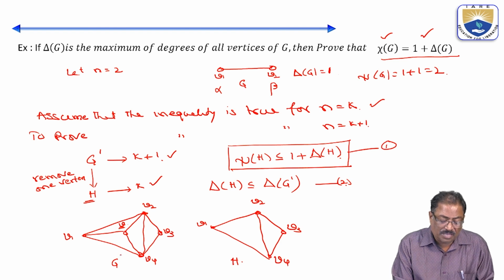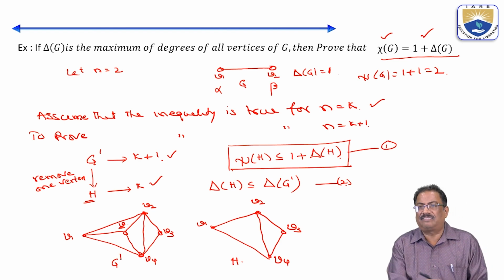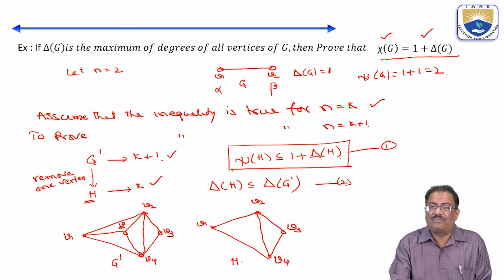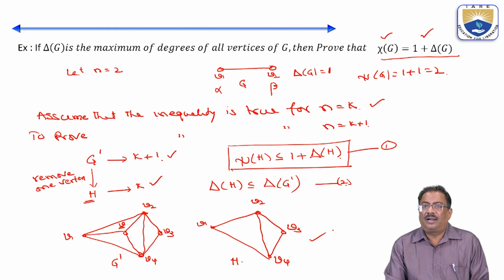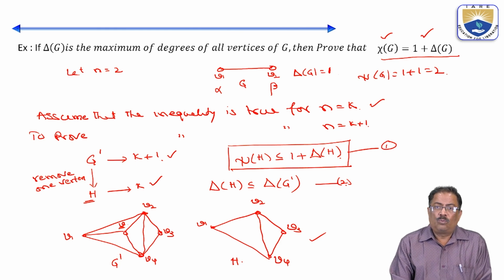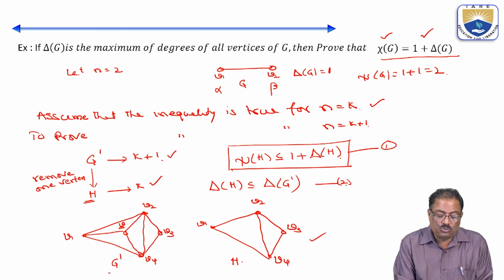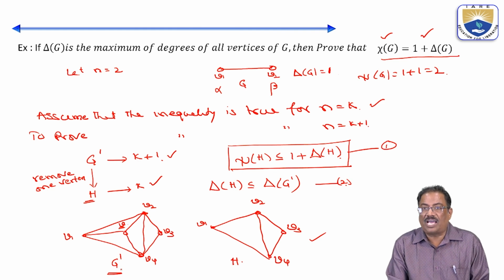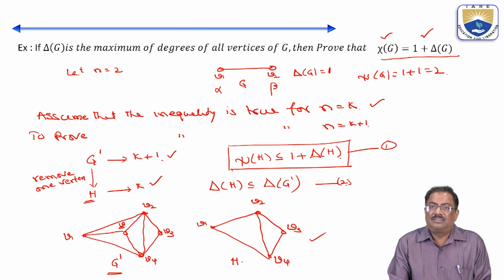Now I am going to take it as G dash, which has k plus 1 vertices, and this has k vertices, and the inequality is true for this. The minimum number of colors that we use to make the graph G dash properly colored, the same number of colors we are going to use to make H also properly colored.